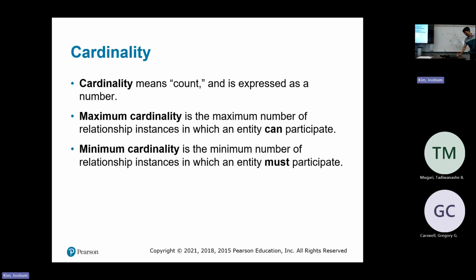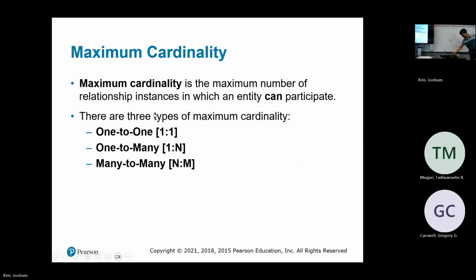Okay, and minimum cardinality, in other words the modality, is the minimum number of relationships. So take a look at the maximum cardinality. There are 3 types of the cardinality: one-to-one, one-to-many, and many-to-many.